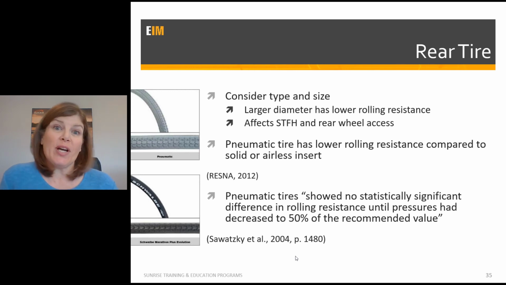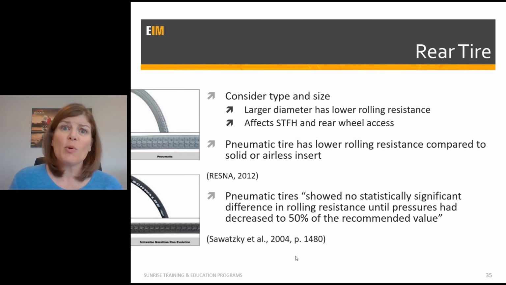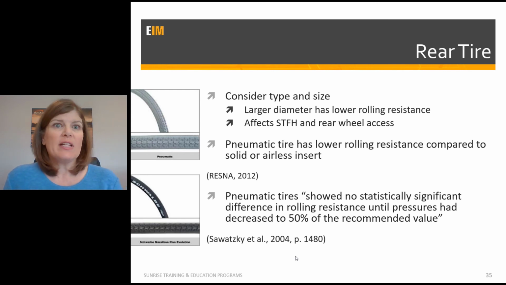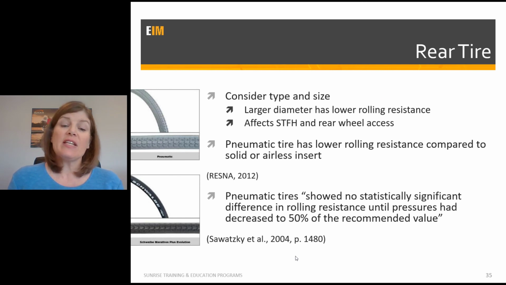Now, many people don't prescribe pneumatic tires because there's the concern that with some deflation, you're going to increase the rolling resistance. There was a study done, it was several years ago, but what they did find is that there was no statistically significant difference in the rolling resistance of pneumatic tires until you reached about 50% deflation of the recommended value.